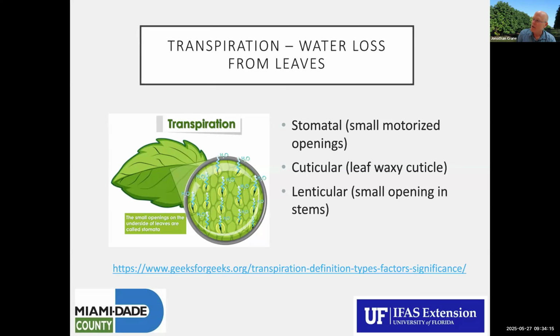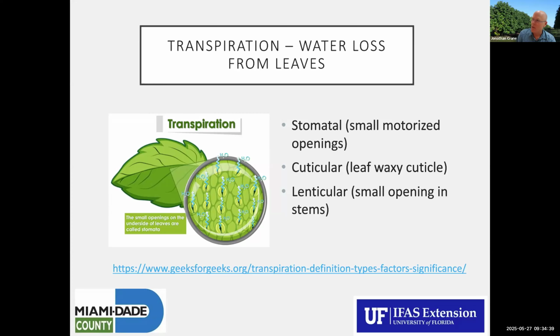And the purpose of those is to allow CO2 in for photosynthesis and carbon assimilation. But when it opens those cells on the bottom of the leaf, it's also allowing water out, which cools the leaf, and it also draws water into the plant. So from the soil to the roots, through the tree, and then out through the stomata.